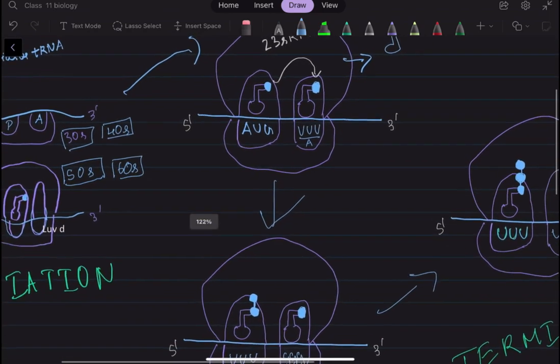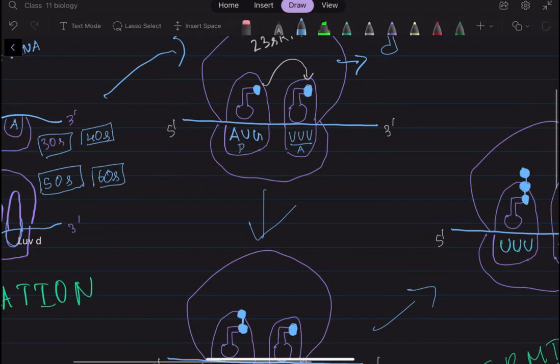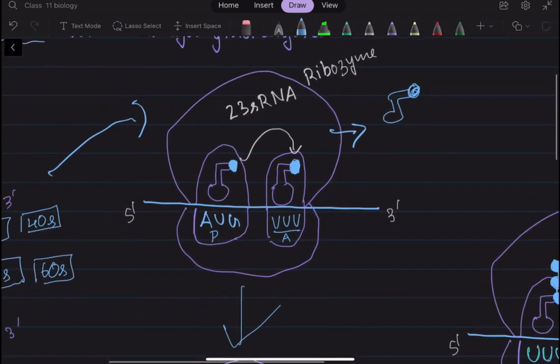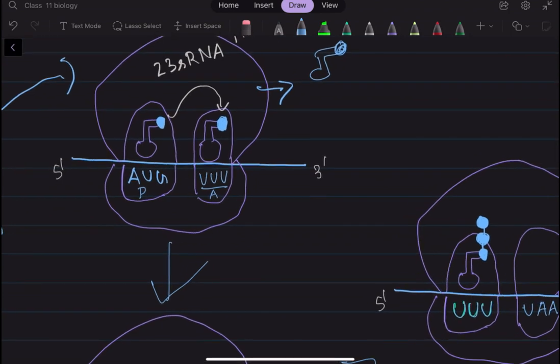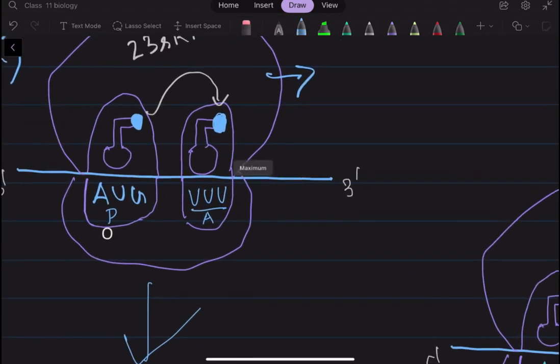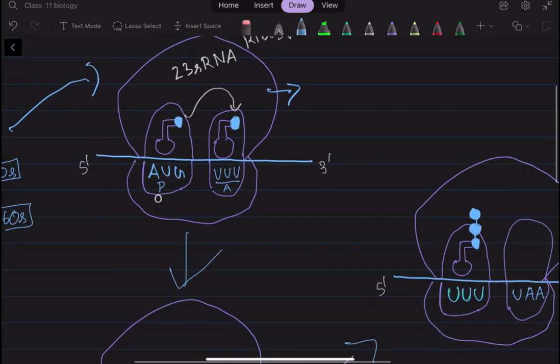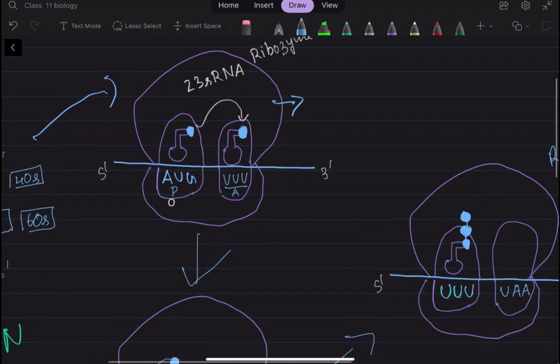So here this was the P site previously, and our tRNA carrying methionine has been placed here. Next our tRNA carrying phenylalanine will come and sit in this A site. When this happens, our two amino acids are in very close approximation. They're very close to each other.